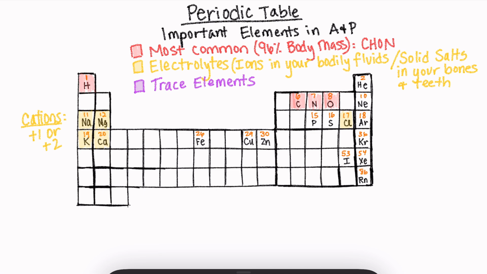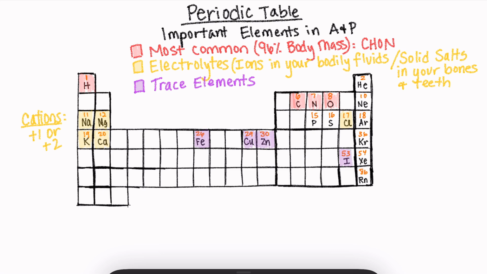So the trace elements that I've chosen to highlight here are ferrous, which is just the Latin name for iron, 26. Then 29 and 30, copper and zinc. These are both very important in a lot of enzymatic reactions, meaning they help chemical reactions to proceed as planned in your body.